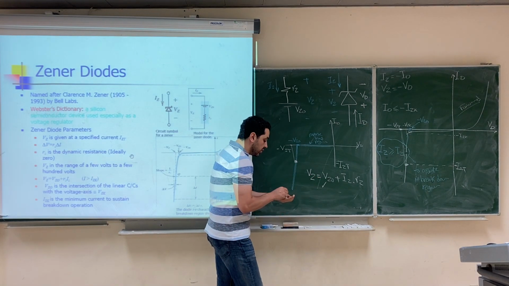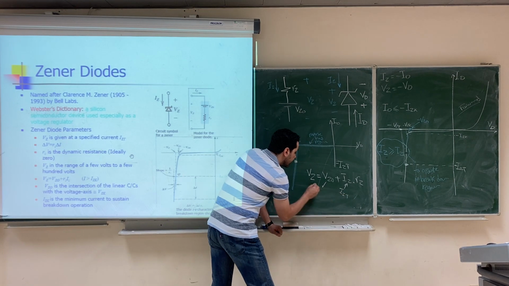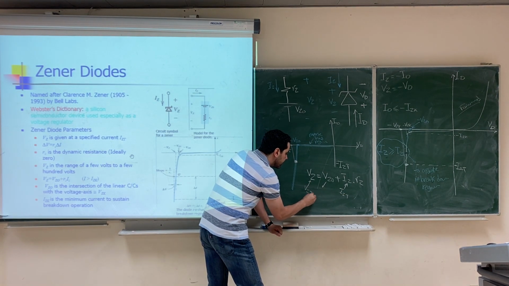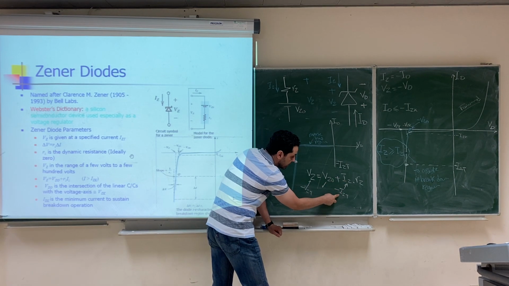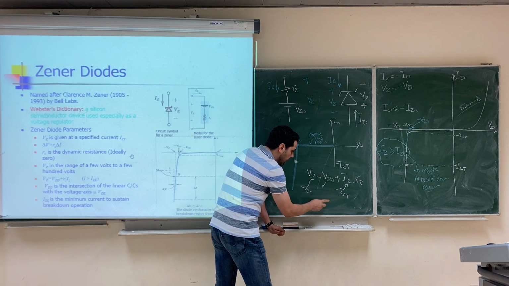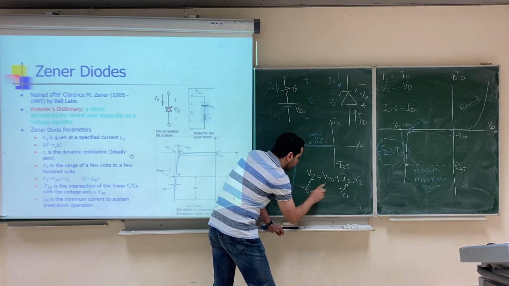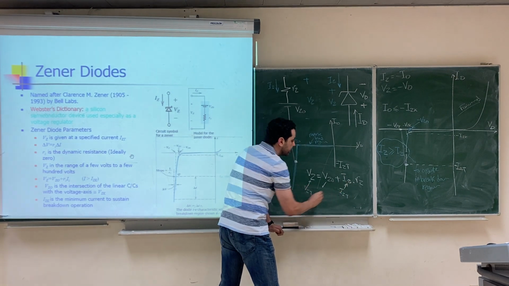So you can substitute on this line using I Zener test and V Zener test, with a negative sign of course, because I Zener is negative I diode. And I'm sorry, you have to substitute here with the positive sign, because this is I Zener, and I Zener is negative I diode.